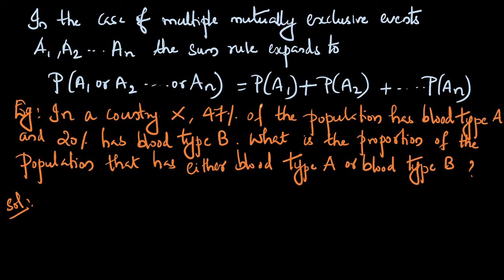And in case of multiple mutually exclusive events, that's up to events ranging from A1, A2 up to AN, the sum rule can be expanded like this, P of A1 plus P of A2 plus P of A3 up to P of AN. Now let's look in an example. In a country X, 47% of the population has blood type A and 20% has blood type B. What is the proportion of the population that has either blood type A or blood type B?